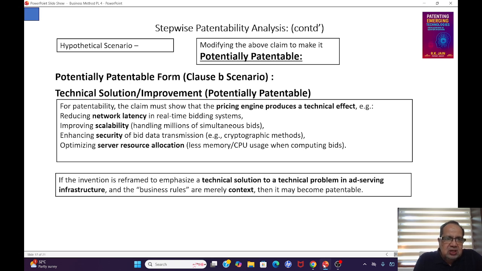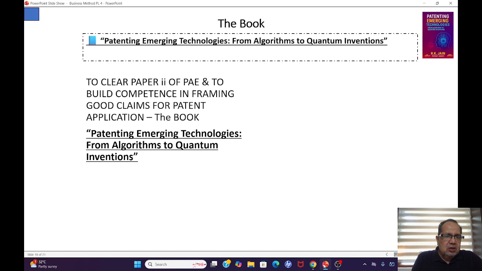So, in a nutshell, if you want to make it a potentially patentable claim, then you need to reframe this claim to emphasize a technical solution to a technical problem in ad serving infrastructure. And the business rules are to be used only merely as a context. Then only would this stand scrutiny of the patent office and become eligible for patentability.